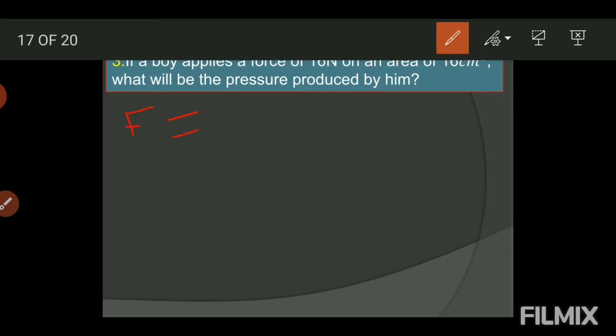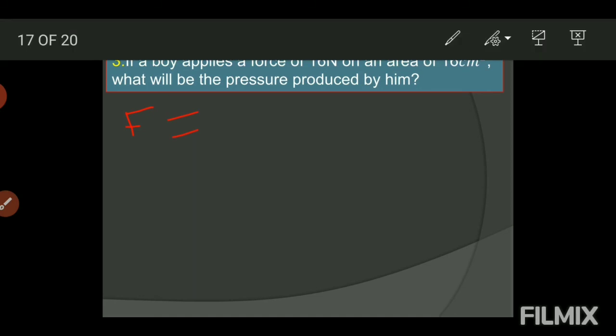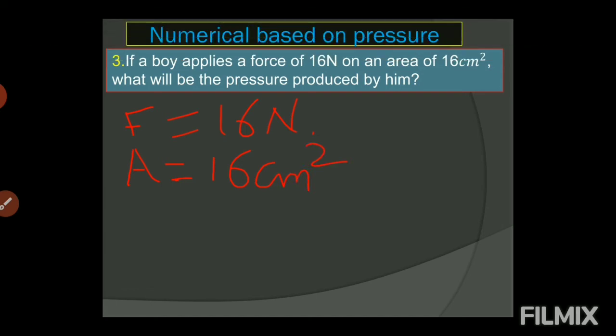So the area and the force are known, so we can note down that force is equal to 16 Newton and area is equal to 16 centimeter square. So force is in SI unit, but the area is given in CGS unit. So 16 centimeter square.